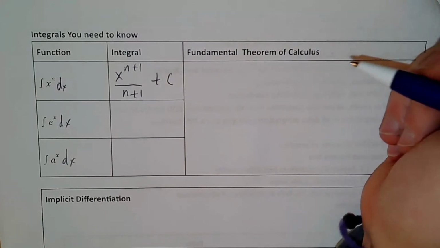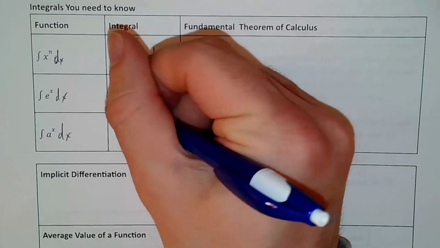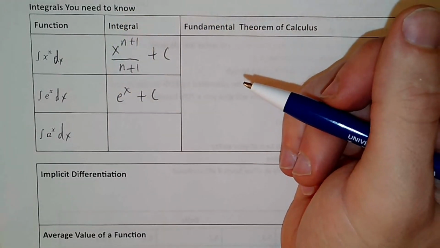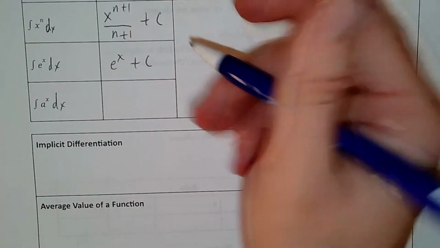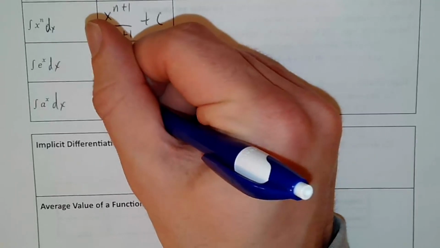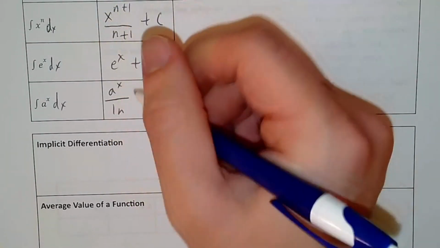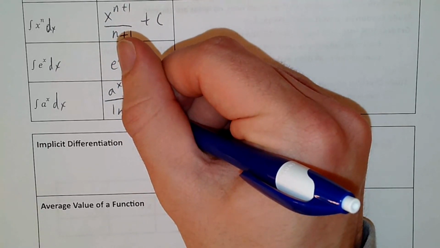Okay? The integral of e to the x is just e to the x plus c. And the integral of a to the x is a to the x over ln a plus c.